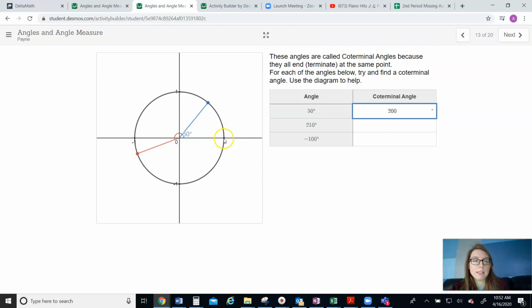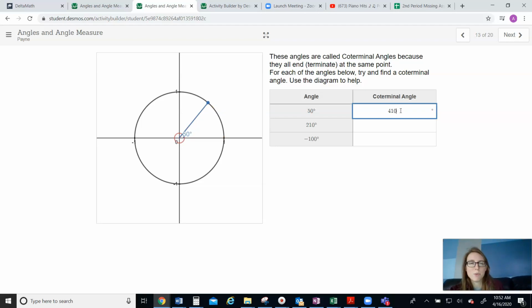So we have 0 to 90, to 180, to 270, to 360, and then to 450. So I know that next angle is going to be between 360 and 450. So, 360 is there, 370, 380, 390, 400, not quite, but we're getting closer, 410.